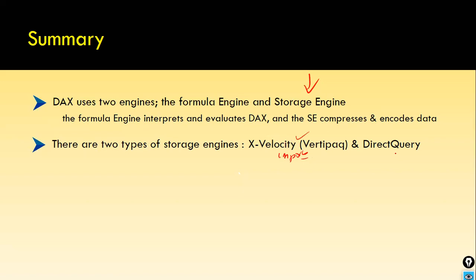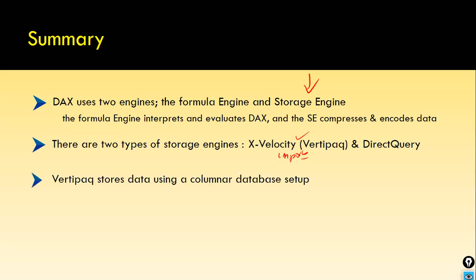In the case of DirectQuery, XVelocity does not come into the picture. The formula engine sends the query plan directly to the SQL Server or your RDBMS source system, and that source system sends the data back to your formula engine.